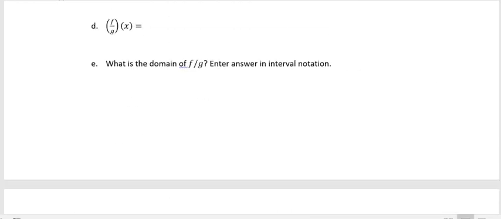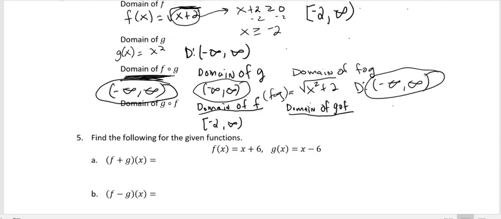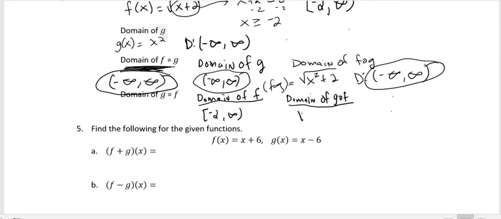Okay. So we're looking at x plus 2. Well, are there any fractions for the x plus 2? No. Are there any square roots? No. This is a line, so that means that the domain for this is negative infinity to positive infinity.